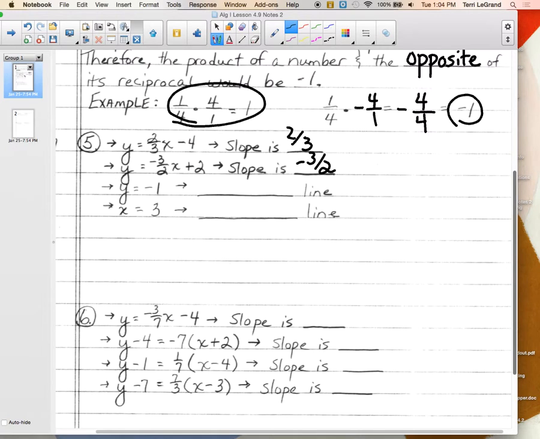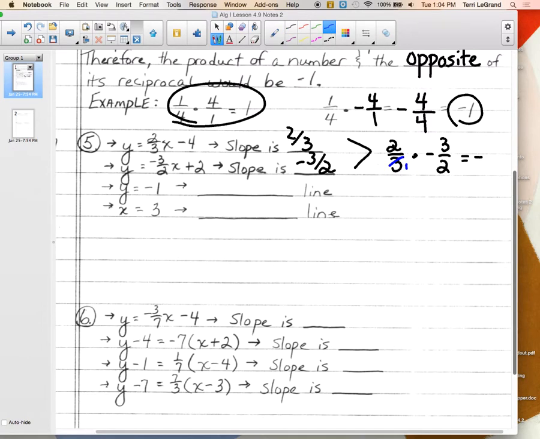Okay. You know what? They kind of look like they possibly could be perpendicular lines, let's check it out. 2/3 times -3/2. Product of their slopes has to be -1. What's a positive times a negative? Negative. And what would happen if I did some simplifying before I multiplied?